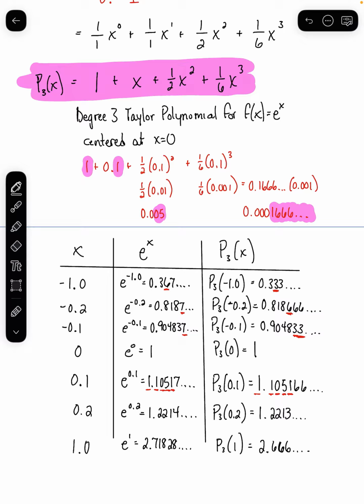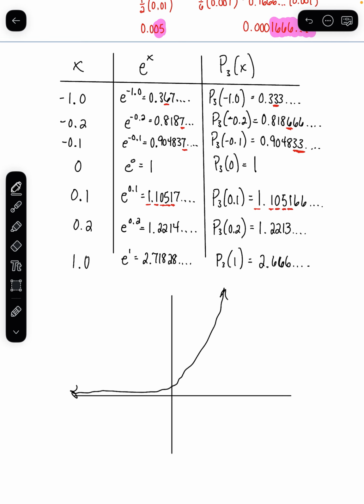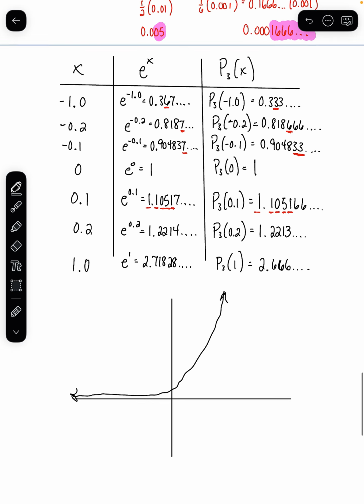Now, I would like to point out, we would start to notice the difference very quickly, especially on the left side, because e to the x, being an exponential function, is going to approach 0. It's never going to drop to negative infinity. It will rise up to infinity on the right side, but it will never drop towards negative infinity or rise up towards positive infinity on the left. Whereas a degree 3 polynomial with a positive lead coefficient is going to rise up, although it will never do so as quickly as an exponential does.